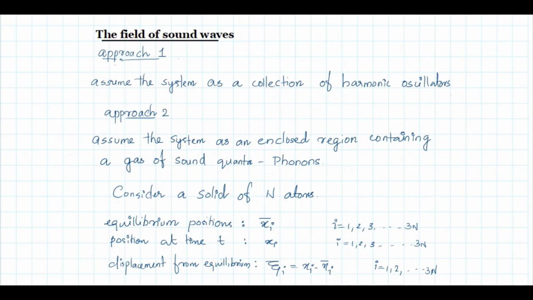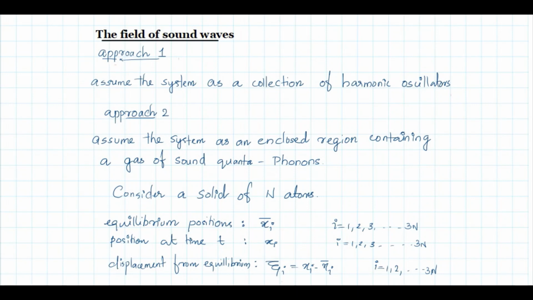So the equilibrium coordinates are represented as xi bar, and at any particular instant of time t, the positions are represented as xi. So it is natural to define the displacement from equilibrium, and let it be theta i, and it is nothing but xi minus xi bar.